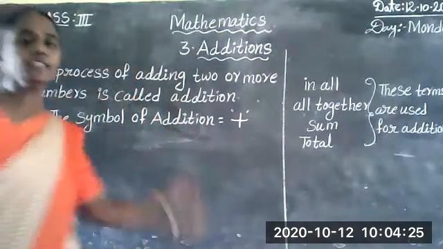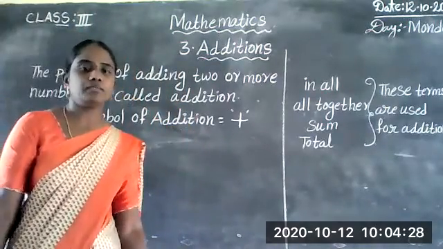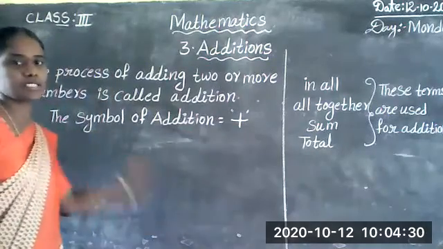The process of adding two or more numbers is called addition. The symbol of addition is plus.